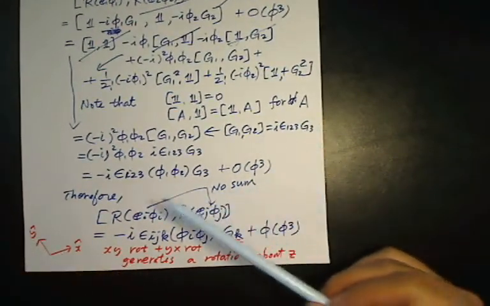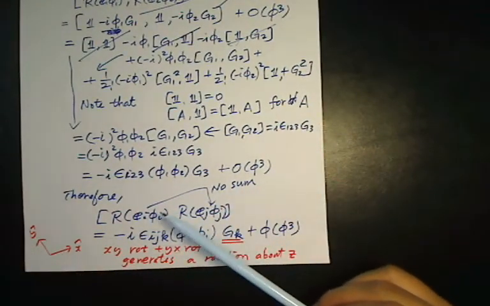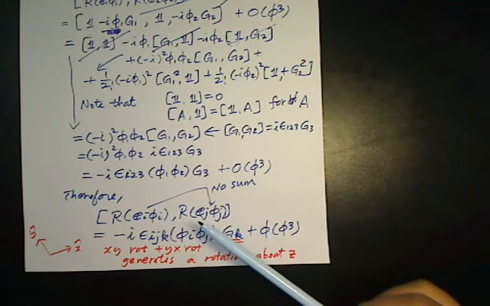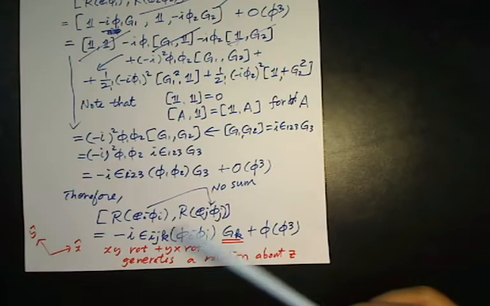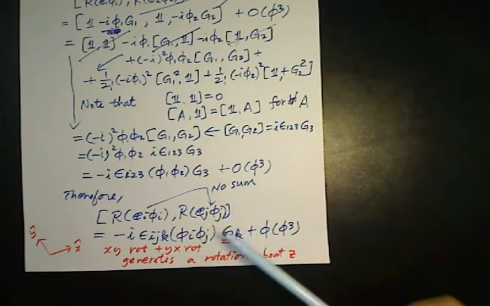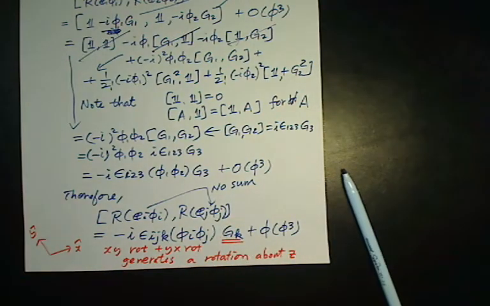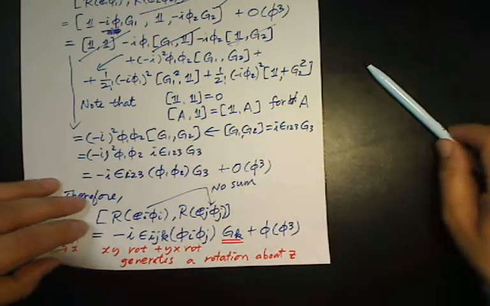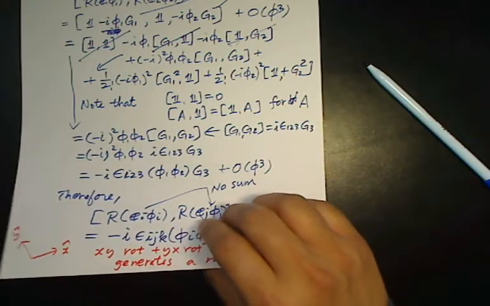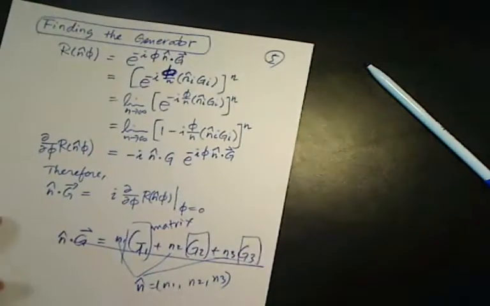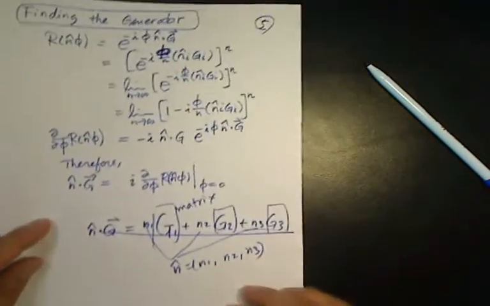Therefore, x rotation, y rotation, and y rotation, x rotation, the result is a z rotation. Very strange. So this is a fundamental nature of a non-abelian structure, that the rotations are not commutative.